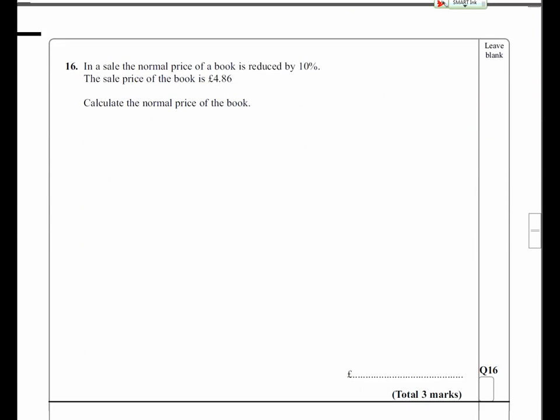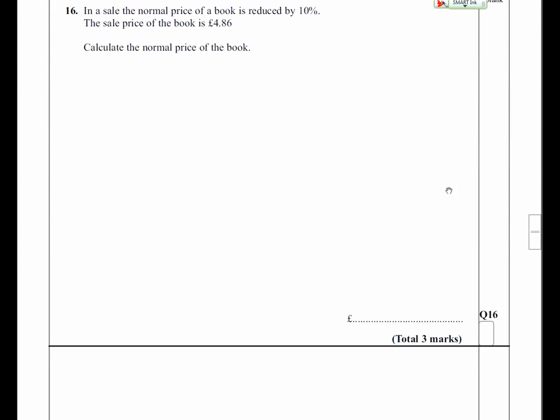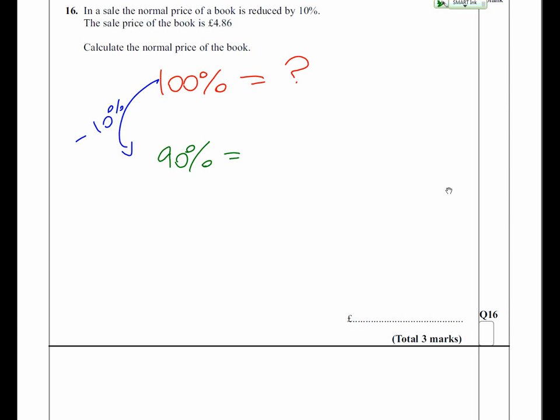Okay, question 16. In a sale, the normal price of a book is reduced by 10%. So we started with 100%, and we've taken off 10%. Okay, so we're left with 90% of the original price, and the sale price is £4.86. Calculate the normal price of a book.